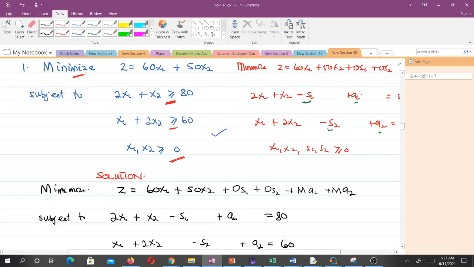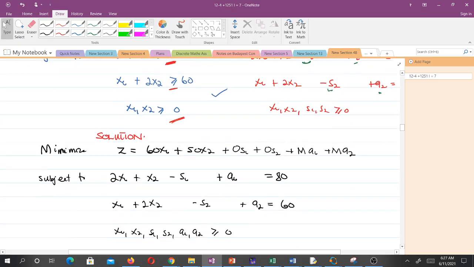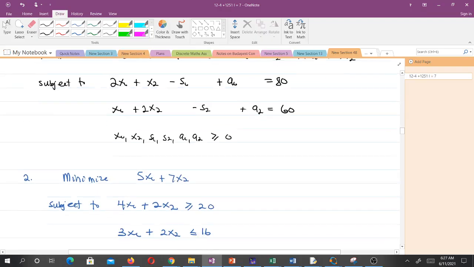Minimize, right? Okay, so that's it for this question. I hope that's well understood. Here I even forgot to bring a1 and a2. Okay, so this is the solution to that question.